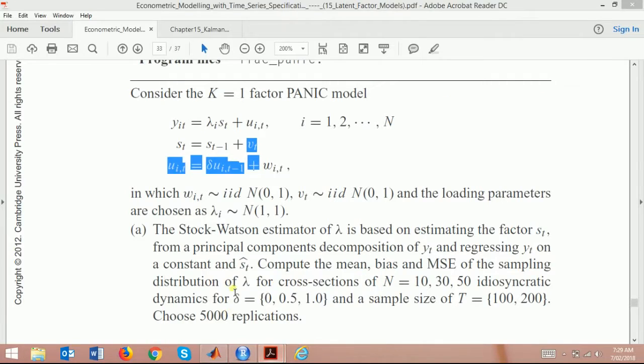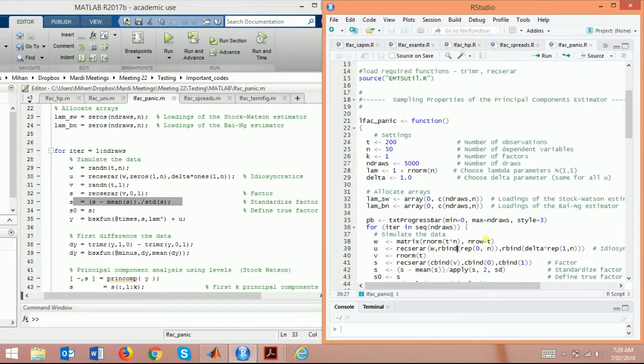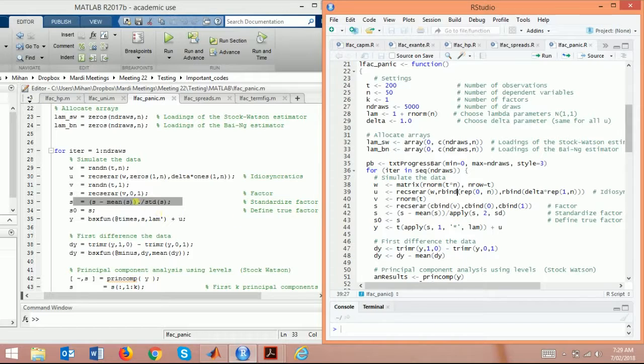Now given v, we can find s2 with a Rex error, again based on v. Initial value 0, 1 is the 1 lag, and then s is standardized, so z score of s, Rex error, column bind, right?